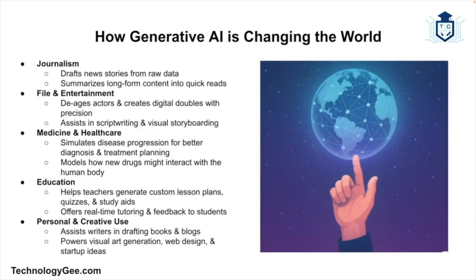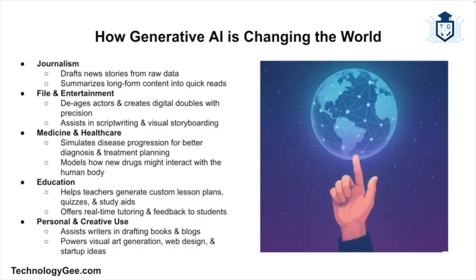Now let's talk about how generative AI is changing the world. Generative AI isn't just a fun trick. It's changing industries, workflows, and creativity itself. And here's a glimpse of the bigger picture. In journalism, AI can draft news stories, summarize long articles, or translate instantly. In film, AI is being used to de-age actors, create digital doubles, and even write scripts.